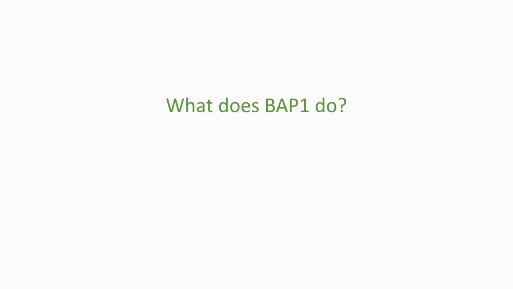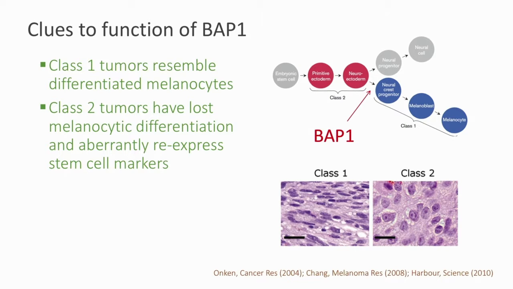We took a novel approach to understand this because we think it's too complex to really study in vitro in a biochemical way. We used an in vivo model, but this was based on the understanding that if you look at the Class 1 tumors versus Class 2 tumors, they really differ in their level of differentiation. So we thought that BAP1 probably is doing something in development and differentiation.